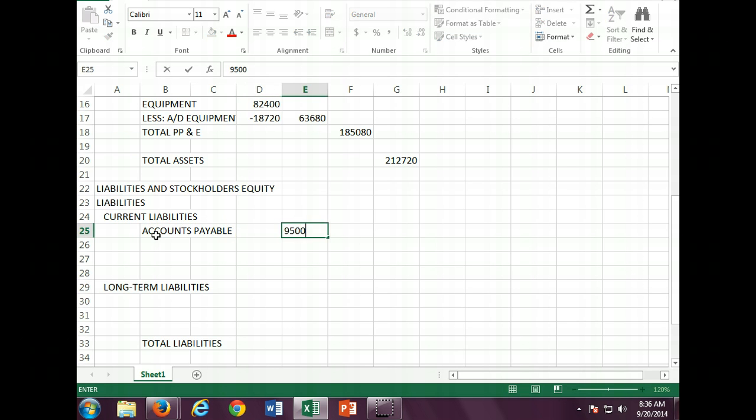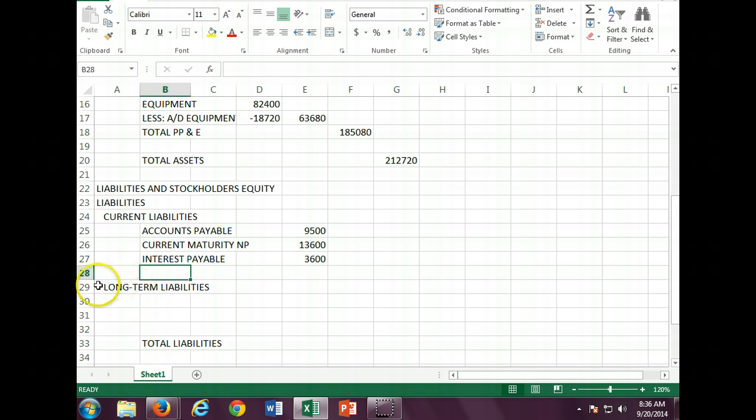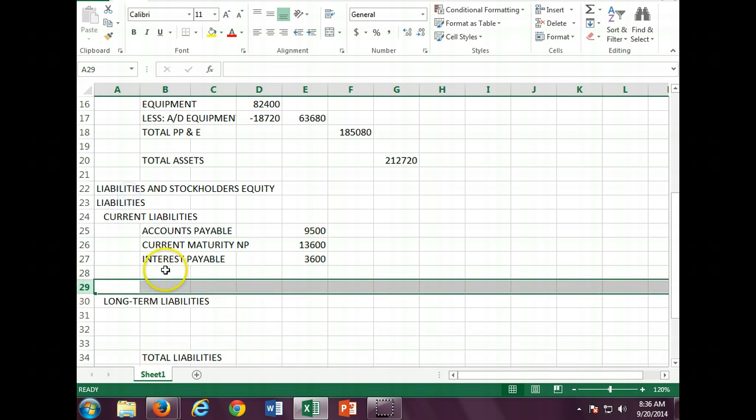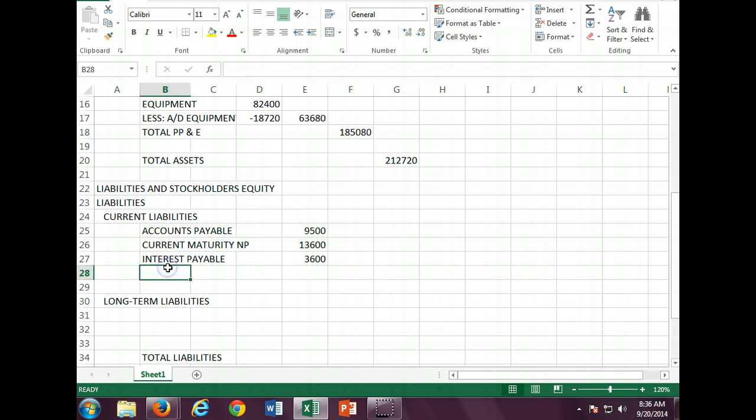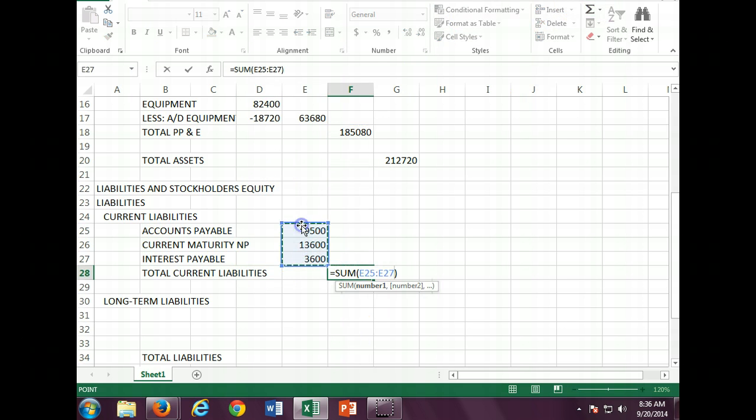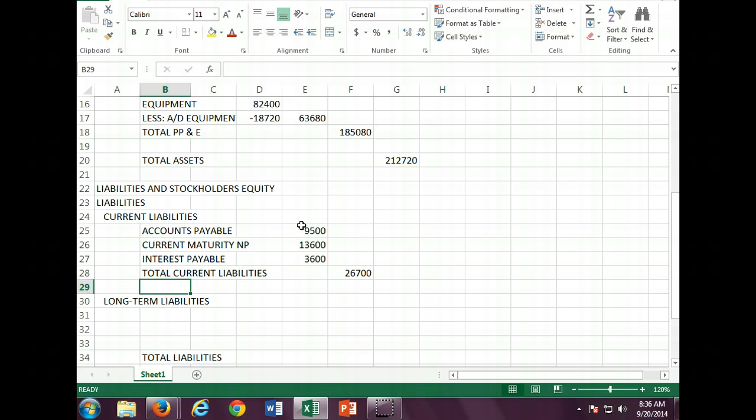We've got the current maturity of the note payable, which is 13.6. What else do we have? Interest payable of 3,600. So then we're going to show total current liabilities, which is going to be 26.7.